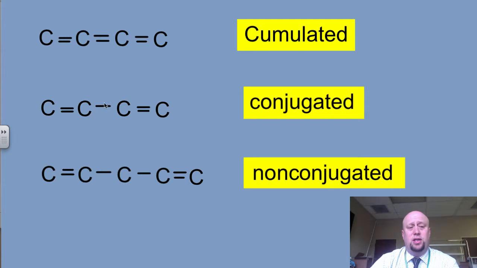So you get a double bond, a single bond, and then a double bond. That is a whole lot more common than accumulated. And of course, we can certainly have non-conjugated bonds as well, which means that there's really no discernible structure. It doesn't really mean that there's two single bonds between them. It just means that they're randomly placed, that there's not a pattern as there is in conjugated or accumulated.